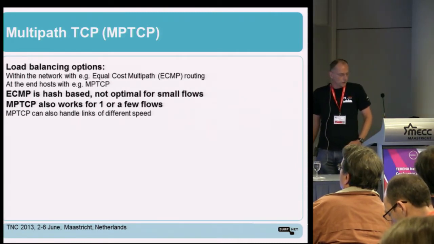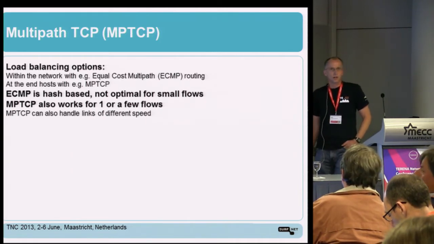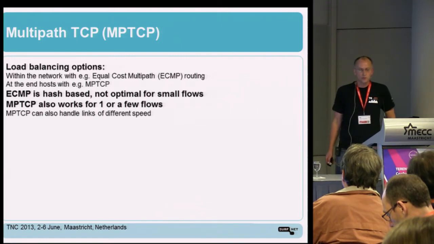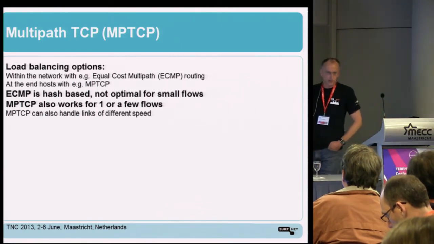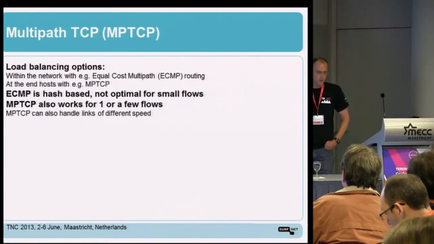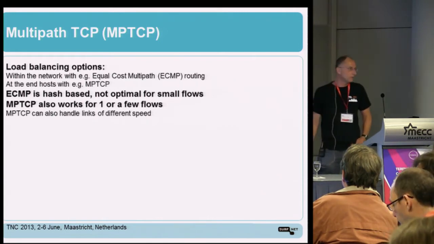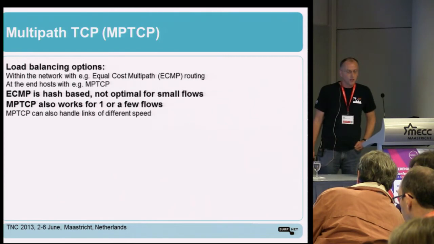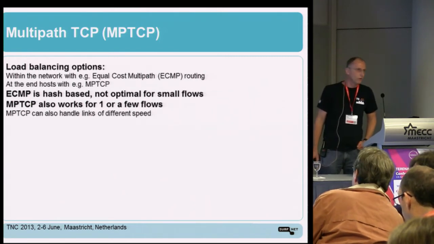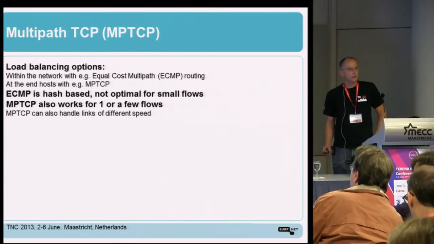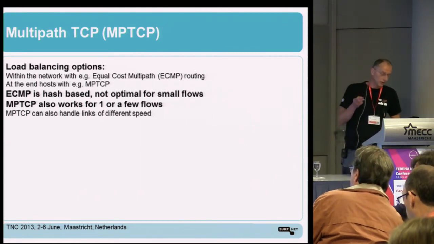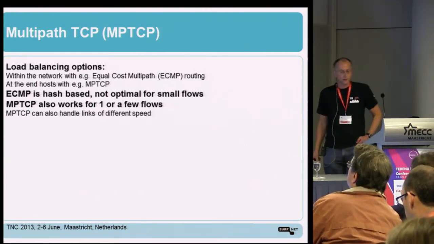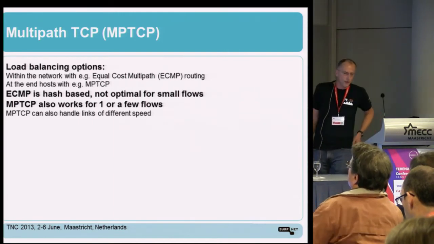So it's all about load balancing, and you can do load balancing either in the network or at the end hosts. If you look at load balancing in the network, one example is equal-cost multipath routing, and then you always have to deal with hashes. You calculate a hash, and each flow is hashed to one of the interfaces or one of the routes.